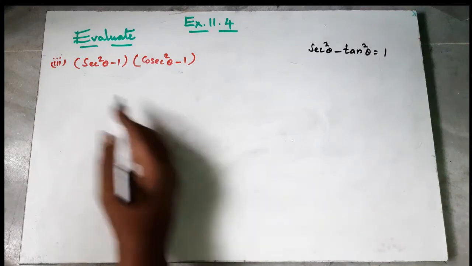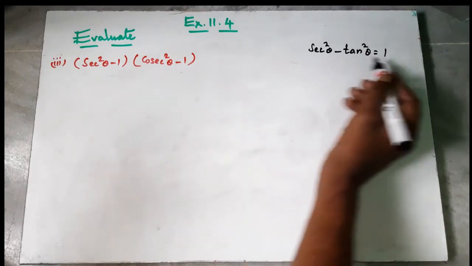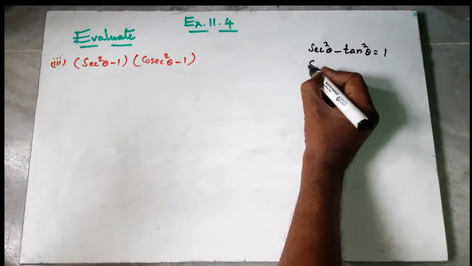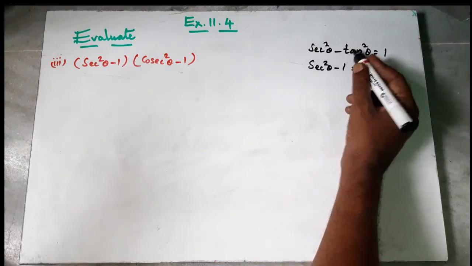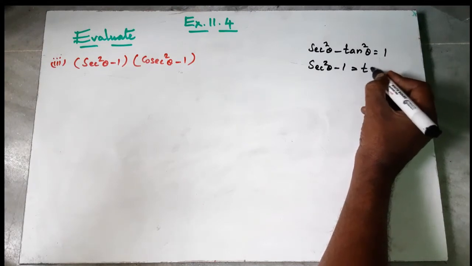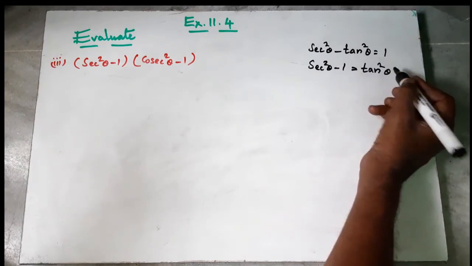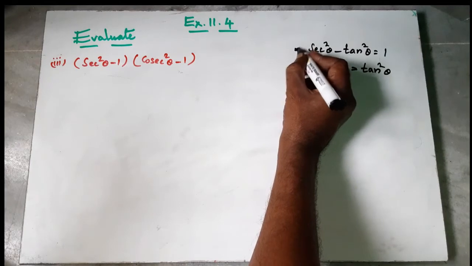Now here we have sec square theta minus 1. So you transpose 1 to the LHS, so it is minus 1, and transpose minus tan square theta to the RHS, you get plus tan square theta. So this is one identity.